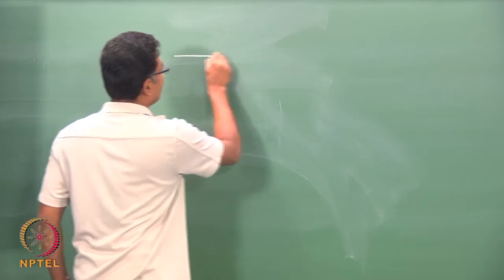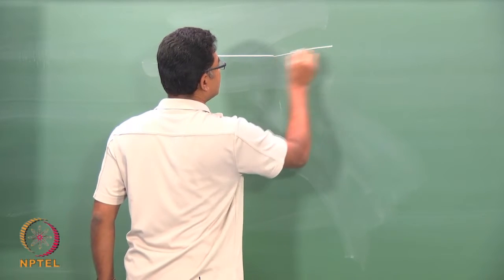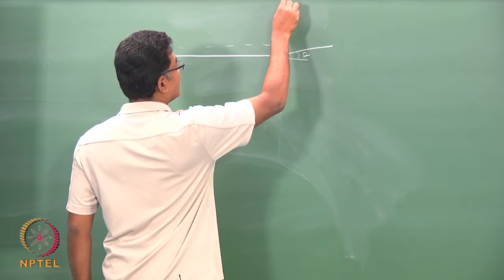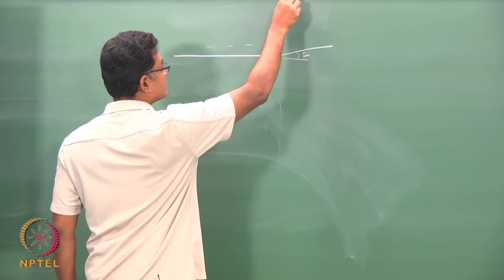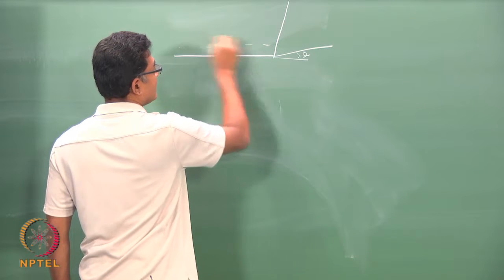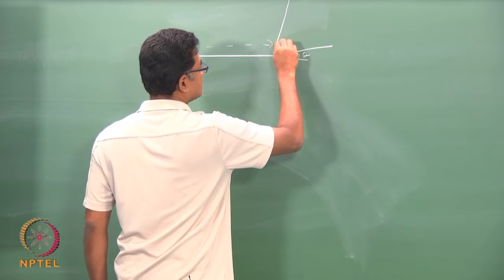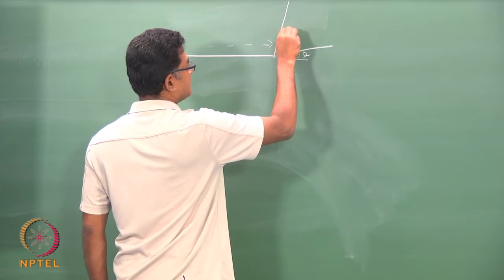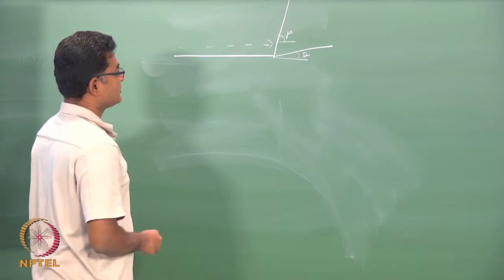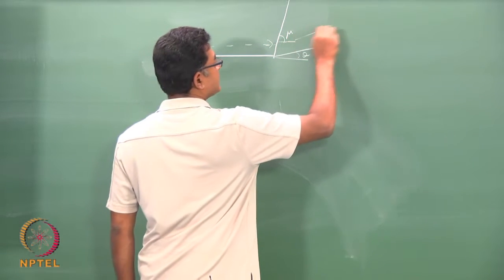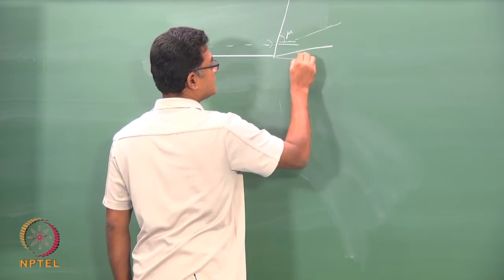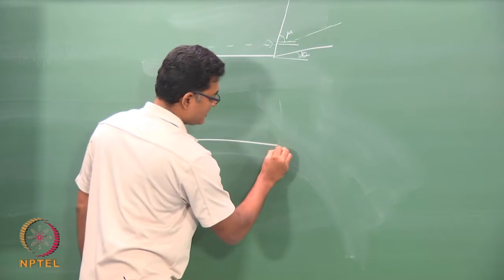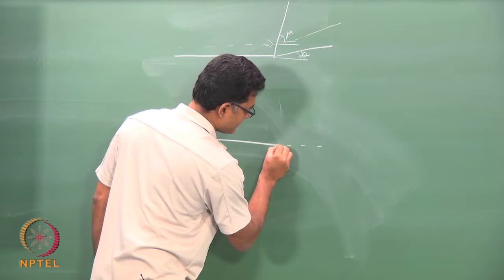So I have a flow with a very small turn d theta. So I have a wave that is approaching my Mach angle. So this is mu. So the turning is a very small turn angle, which is d theta. Likewise, I have a turn the other way around.